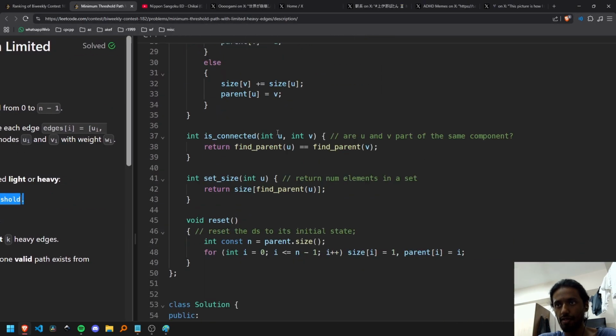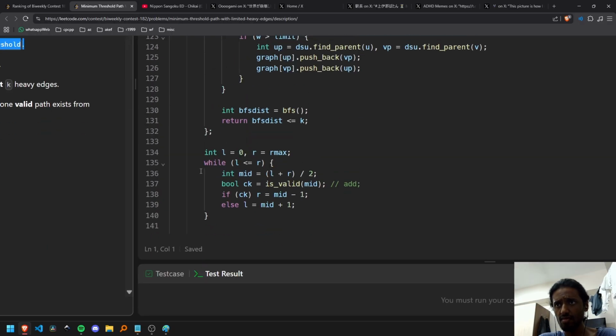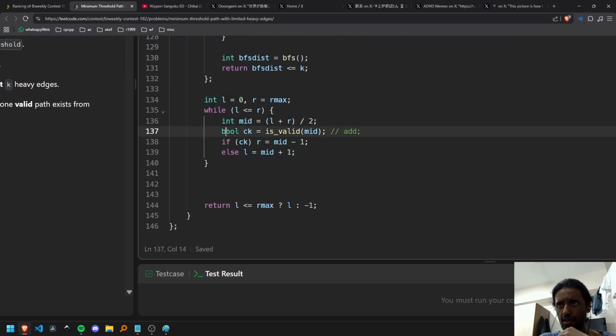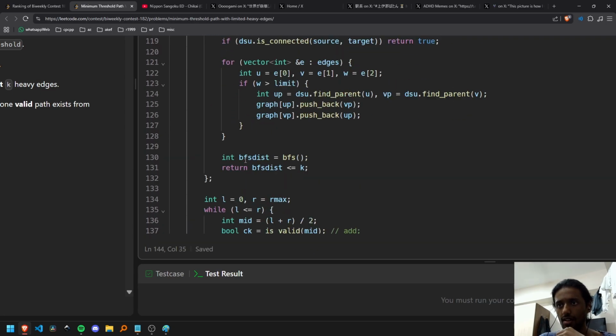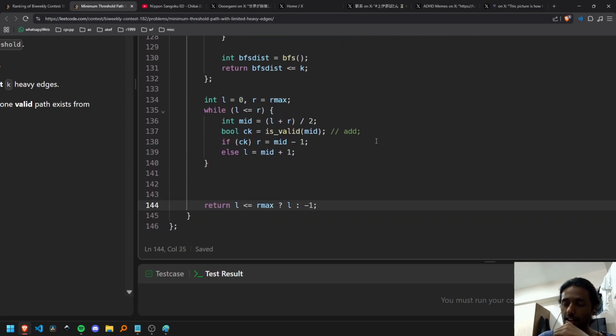I'll go through the code. Obviously DSU, and this is the binary search thing. If it's valid, then that means we can minimize, else maximize. Sometimes it can be the max value as well, like if the source and target are in different components, not connected anyways, then the answer won't be valid. So this is just for that.